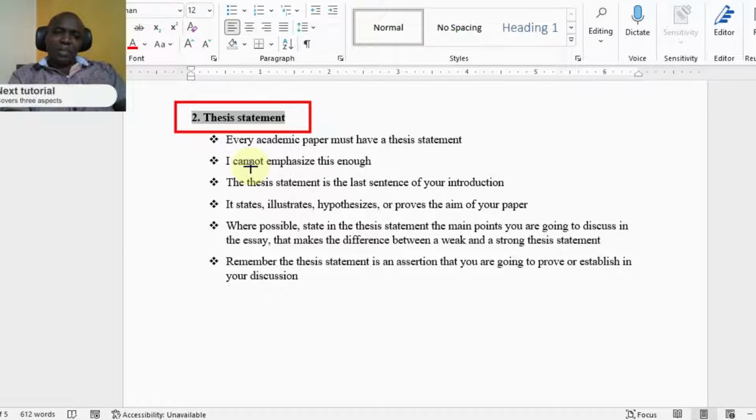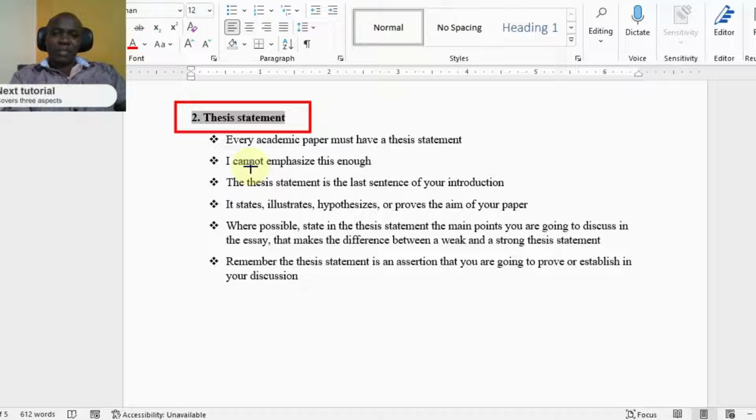Every paper that you write must have a thesis statement. It is a very important part of a paper because it declares what you want to talk about. This statement basically should be positioned at the last line of your first paragraph, the introduction part.